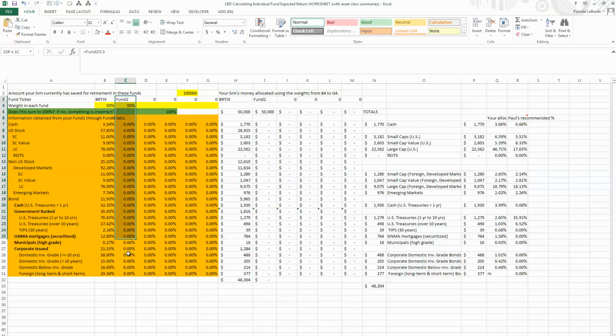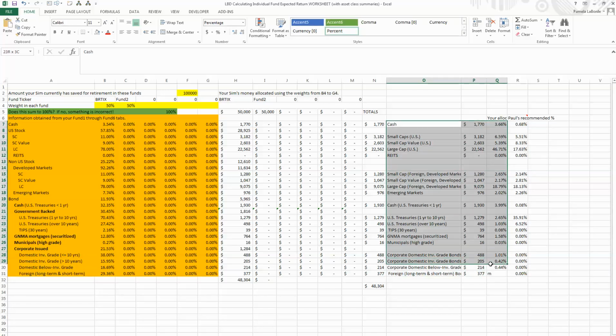Now I haven't completed Fund 2, so it's not popping any data. But once you complete all your funds and you enter the correct values for this number and these two, it will automatically complete this, and it'll show you that there's a mistake there. I'm not going to worry about it.